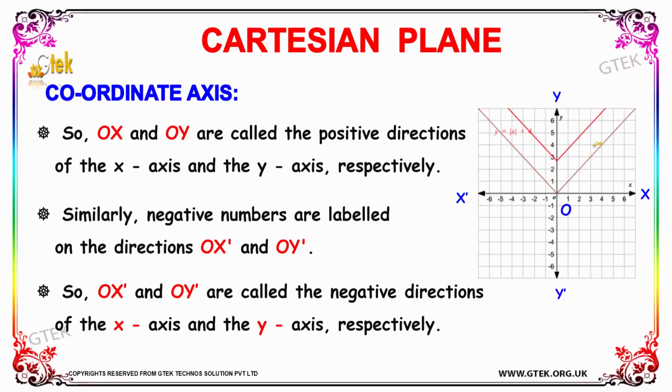Similarly, as we labeled before, OX' and OY' indicate negative numbers. So we can say that OX' and OY' are called the negative directions of the x-axis and y-axis respectively.